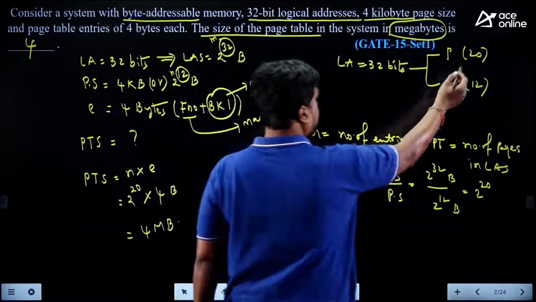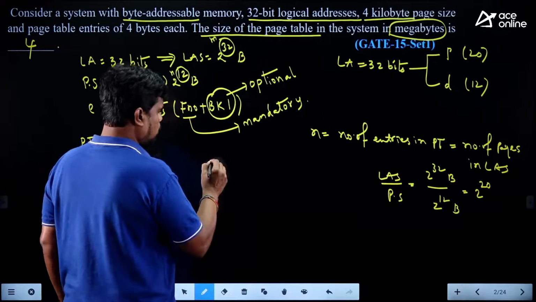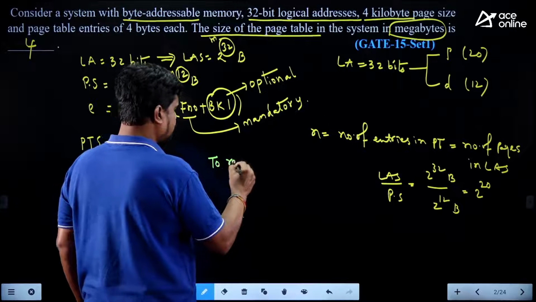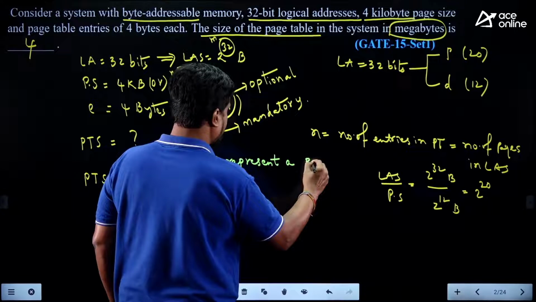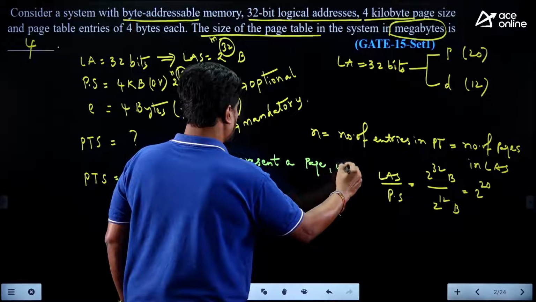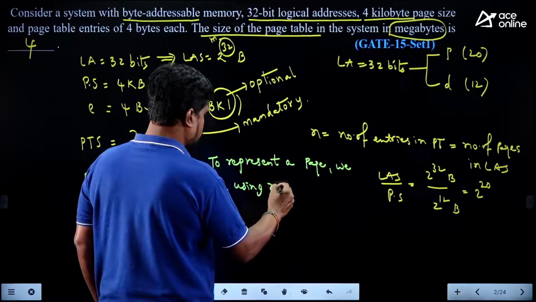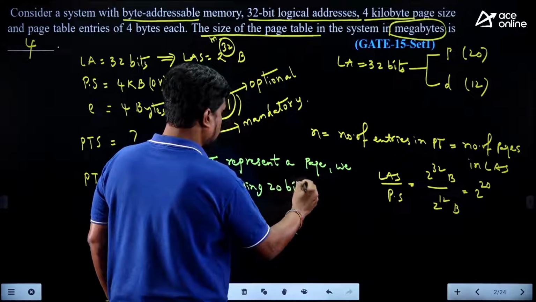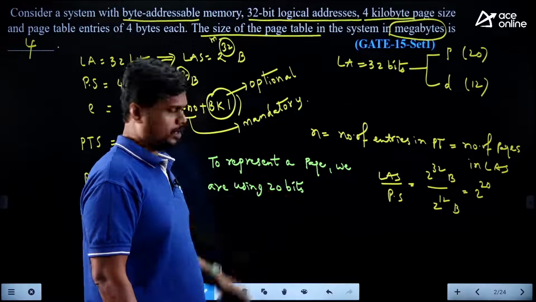So to represent a page, we are using 20 bits, according to this particular question.